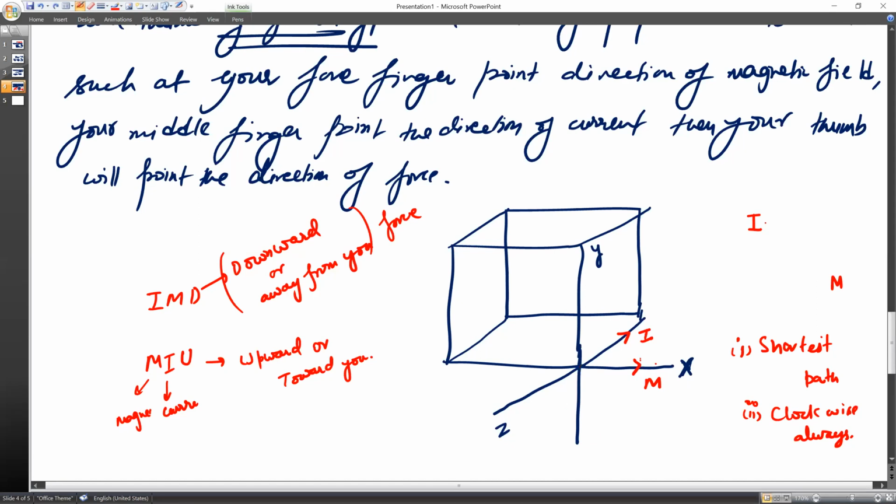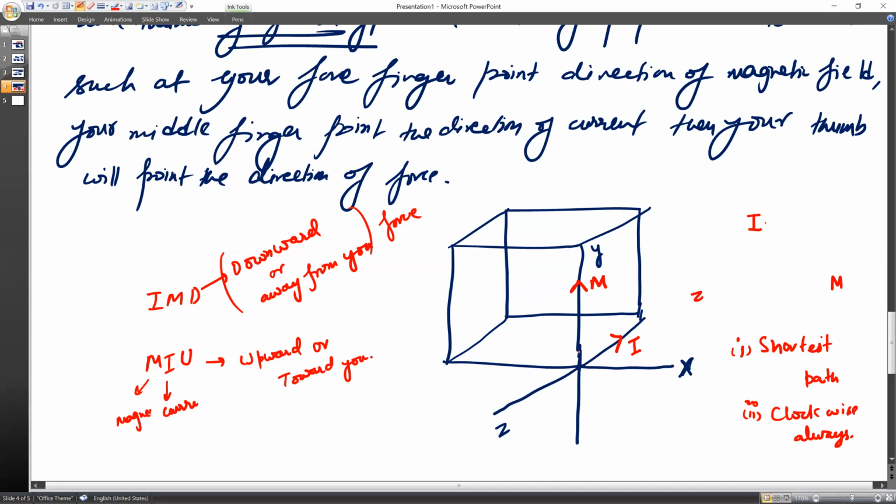Let's suppose instead of I M D, I'm having this trick: this is M, the magnetic field, upward. Got it? Yes. And this is the magnetic field upward and this one is current. Now this is the 90 degrees here. Now you have used the z-axis and y-axis.